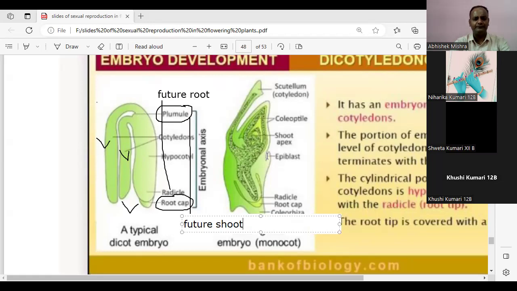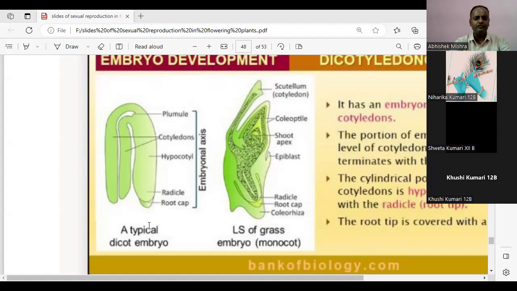Now, if we compare the dicot embryo with a monocot embryo, we can see additional structures named, coleorhiza and coleoptile. Coleoptile is a covering over the plumule and coleorhiza is a covering over the radicle. In the monocot embryo, the cotyledon is reduced.